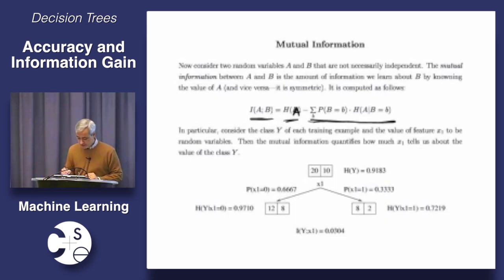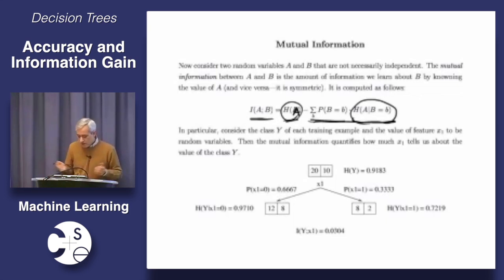So this is the sum over the values of B of the probability with which that value comes up times the entropy of A conditioned on B. If I select only the cases where B has that value, what is the entropy of A? So to compute the information gain, I need my entropy before I split on the attribute and my entropy in each of the branches. Then I average those entropies, weighted by how many examples went in each direction, and the difference between the two is my information gain.